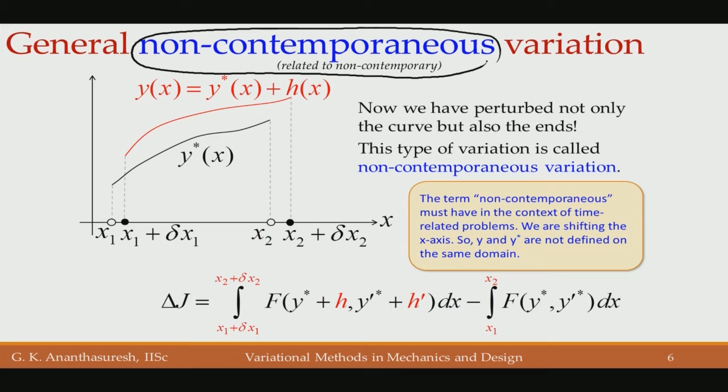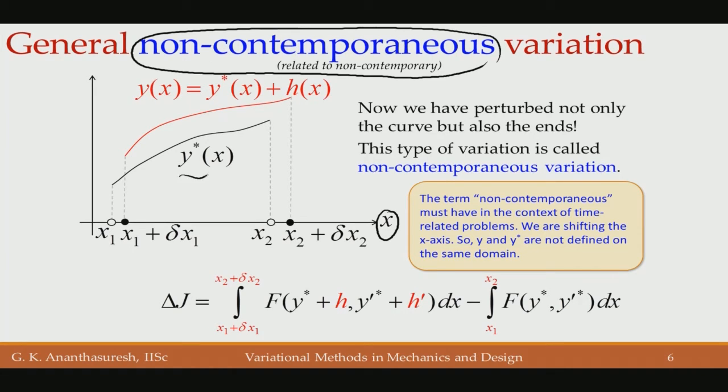This concept was developed mostly for dynamics problems, where the independent variable x was actually time t. When you want to go from t1 to t2, now we have t1 plus delta t1 and t2 plus delta t2. Because we are not doing the same time interval, it is not contemporaneous, it is non-contemporaneous: general non-contemporaneous variation.